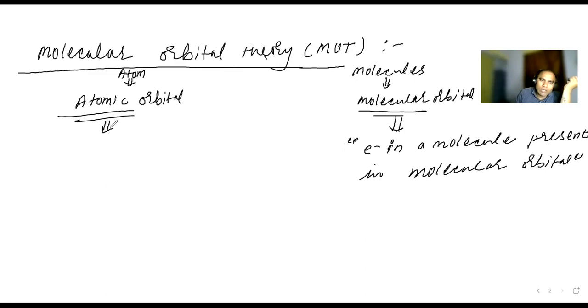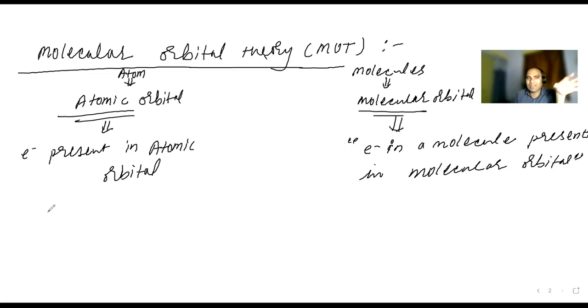If you are talking about an atomic orbital, the electron is present in the atomic orbital. This we have studied already, covalent bond, ionic bond, this we all studied. So this is not related to us.